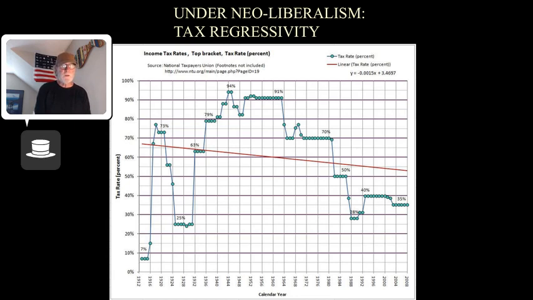As part of the New Deal, you needed to increase government spending, government involvement, government programs, and FDR was able to implement these really significant large tax rates on the wealthy. And you can see it went up to 94%. 94% tax rate, top tax bracket.